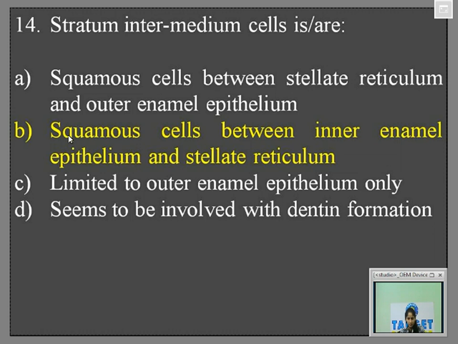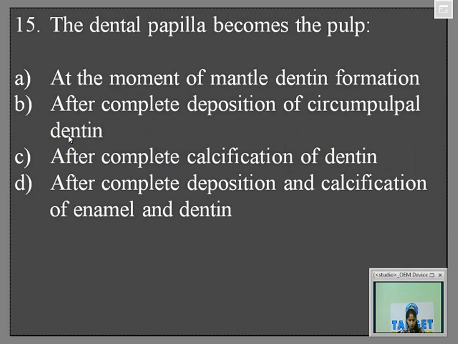They are the squamous cells that are present between the inner enamel epithelium and the stellate reticulum. So for the 14th question, the answer is B. We go on to the next question.